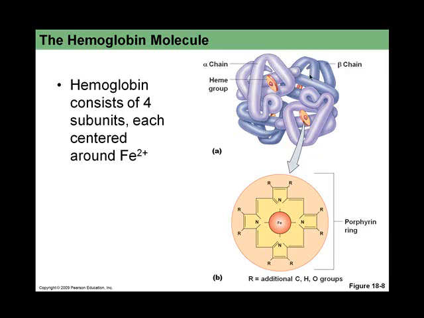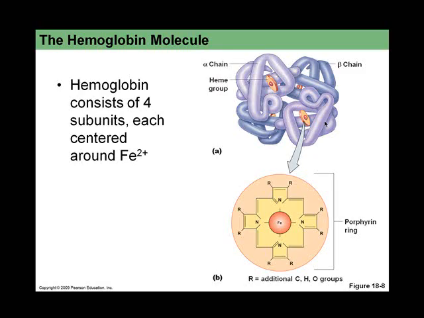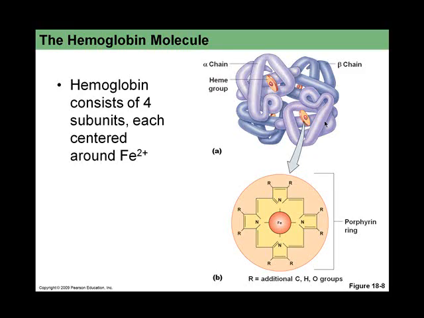Hetero meaning you've got the two different subunits, two of each, and also tetra. So it's a hetero-tetrameric molecule in its quaternary structure, and each of the subunits contains this porphyrin ring that chelates the iron, and of course the iron is going to be what binds the oxygen. So the hemoglobin consists of 4 subunits, each centered around an iron.